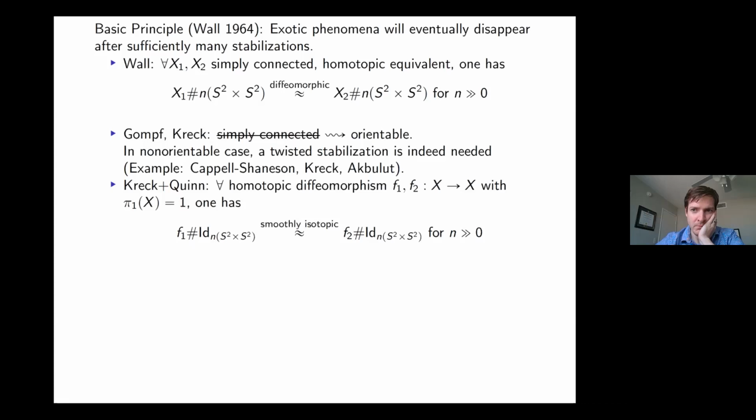The result implies that for any homotopic diffeomorphisms F1, F2, they become smoothly isotopic to each other after sufficiently many stabilizations.